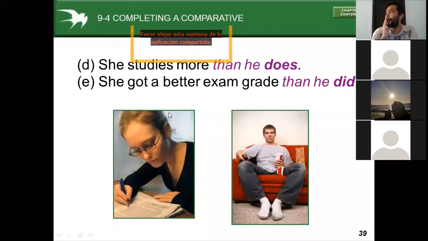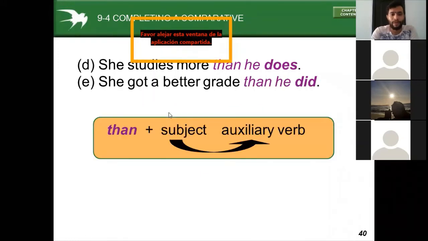Okay. So, let's continue. After than, we have the subject, and we use the auxiliary verb. Y esta forma es formal. ¿Cuál sería la manera informal de esto, chicos? De la primera, por ejemplo, she studies more than he. What is the informal way?